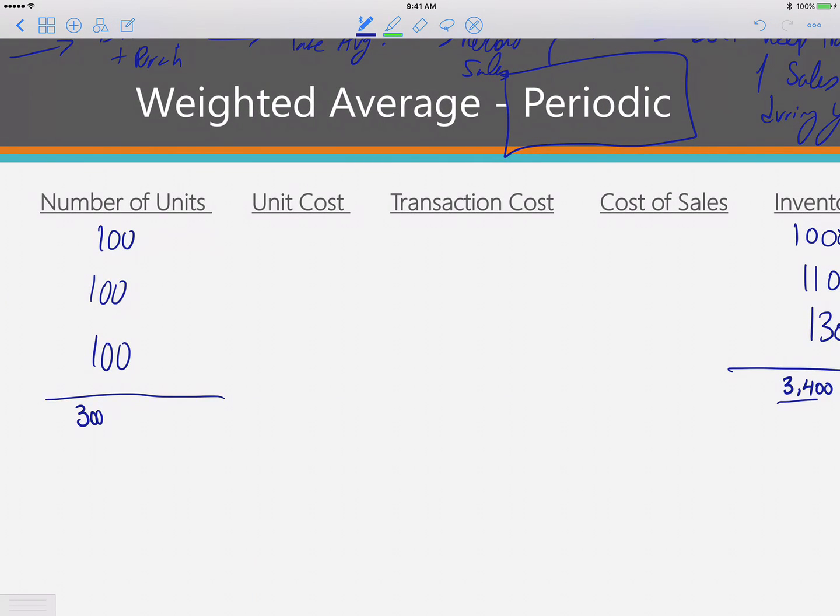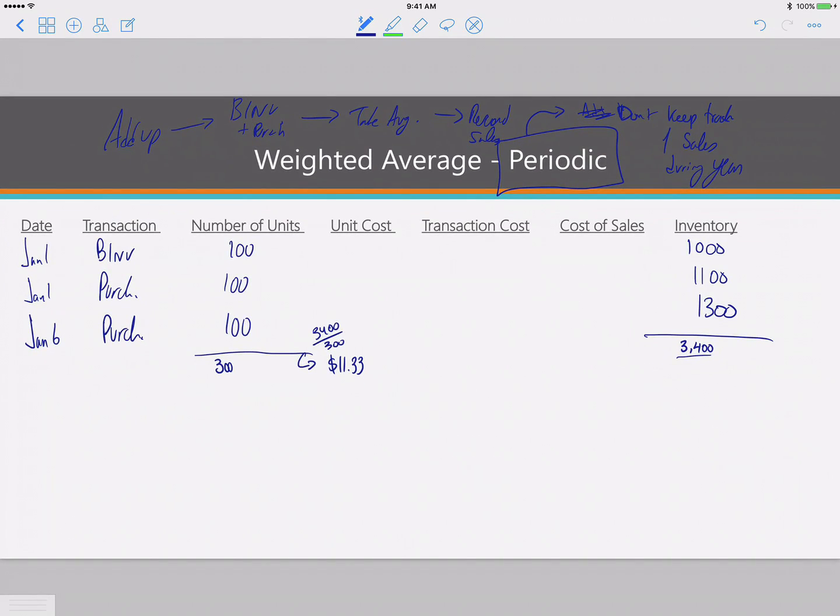So what we're going to do is we're going to divide that by 300 to get our unit cost. So 3,400 over 300, and that will give us an average cost of $11.33 per unit. And now that we've calculated that, we can start to record our sales and figure out what our costs are going to be for the period.